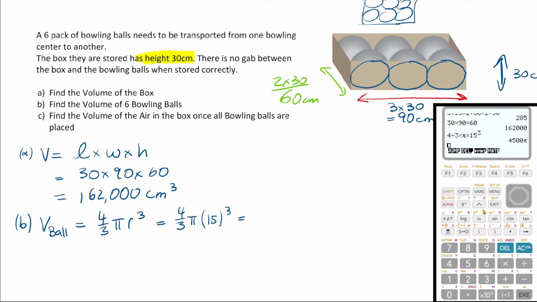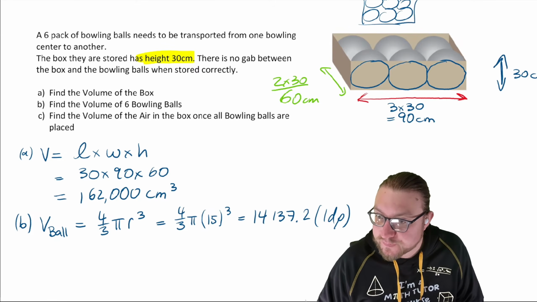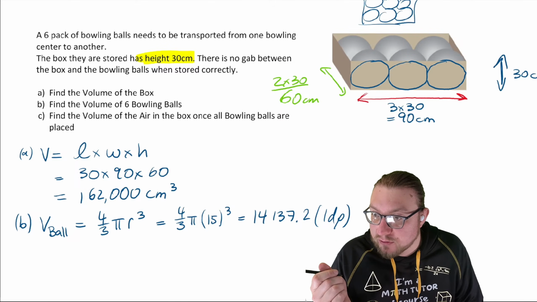There we go. And we don't want it in terms of pi, so we can press the SD button to give ourselves an actual decimal, which is 14,137.2. Let's just do 1 decimal place. Okay, wonderful. So that was the volume of a ball.